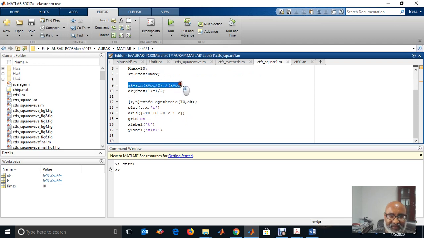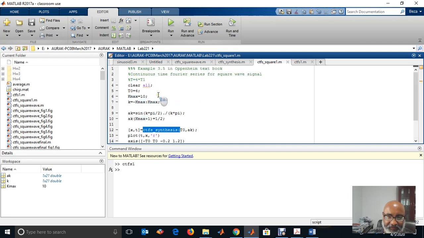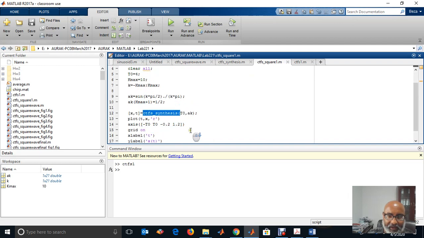Then here I define the a_ks. The a_ks are what we found from the theory, sine of k pi over 2 over k pi. Note that we should put a dot here because it's element by element division. Then here at index k max plus 1, that means a0, a0 is 0.5. Then here I call the CTFS synthesis function, because I defined T naught here and I have the a_ks already. Then by using T naught and a_ks, the output of the function will be x and t, the signal x of t and the time vector.